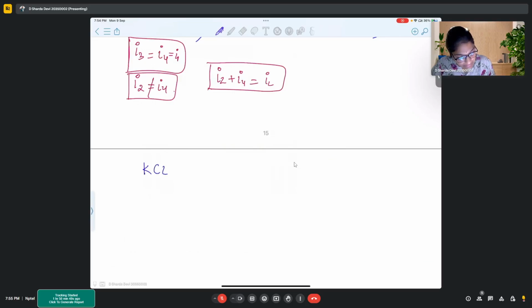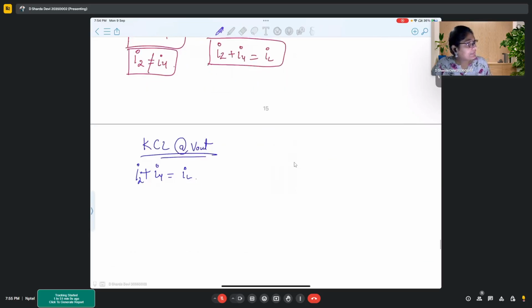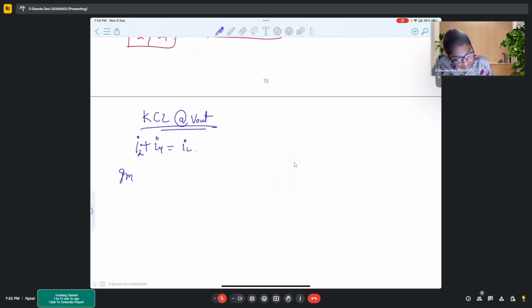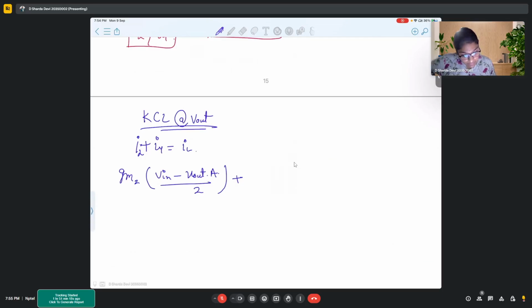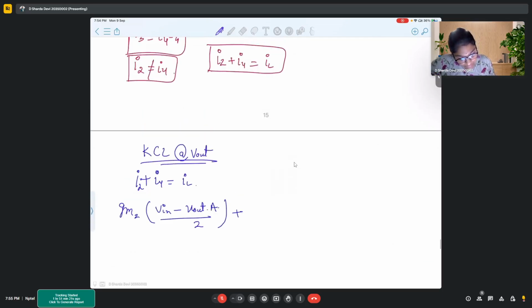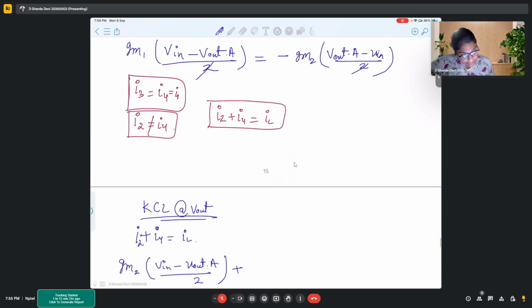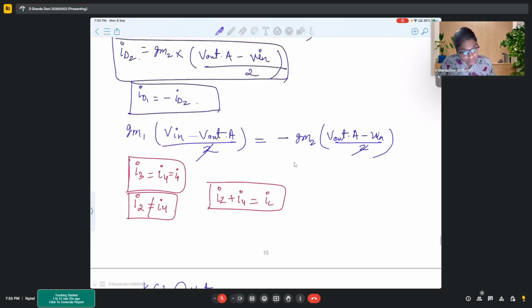So now when we use KCL at V out, we have I2 plus I4 equal to IL. So I2 is GM2 Vn minus V out into A by 2 plus I4, which is I3.